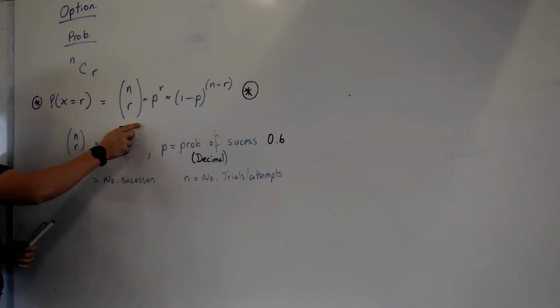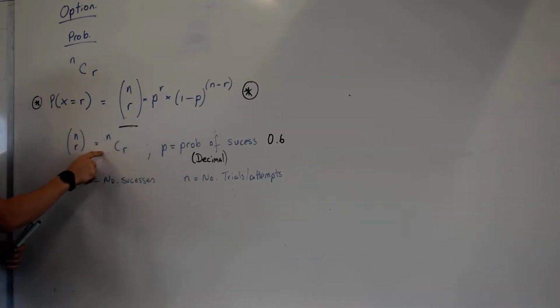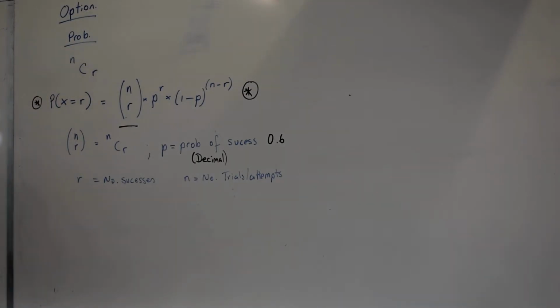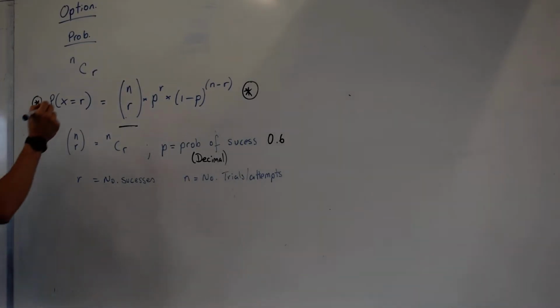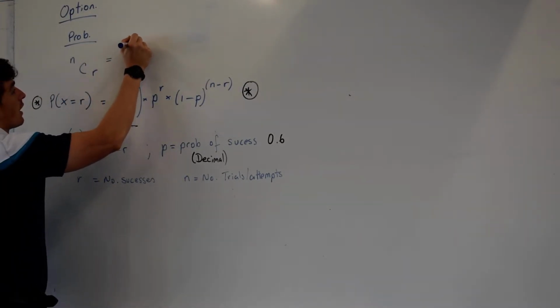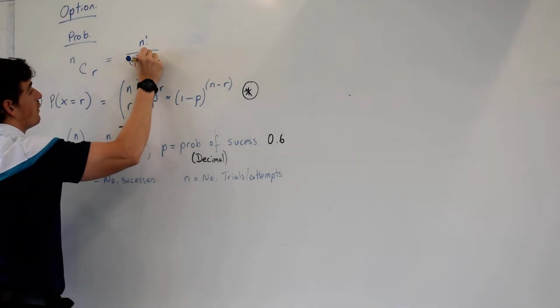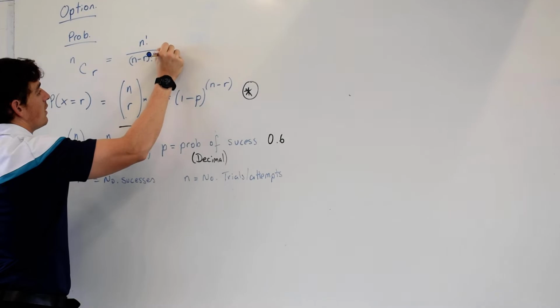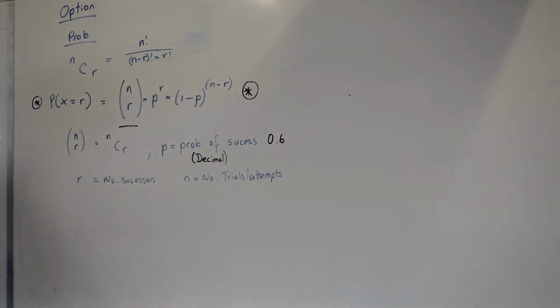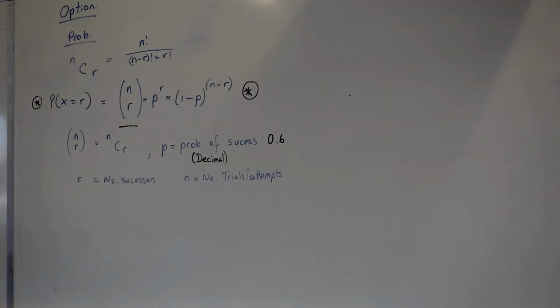We remember from last year that this is simply a representation of our combinations, nCr. For those of us who can't remember what that equals, n factorial divided by n minus r factorial times r factorial. You may need to know that. Why would you need to know that?